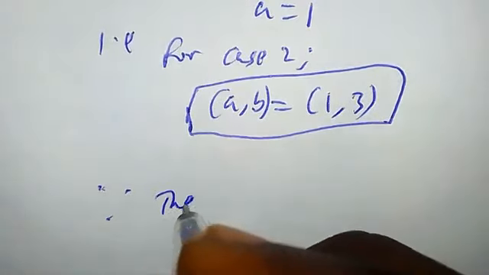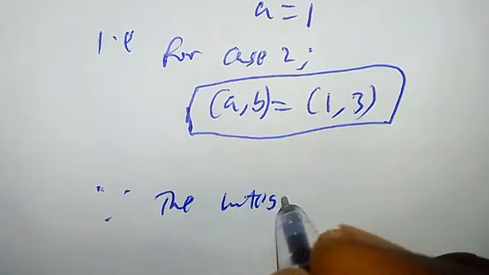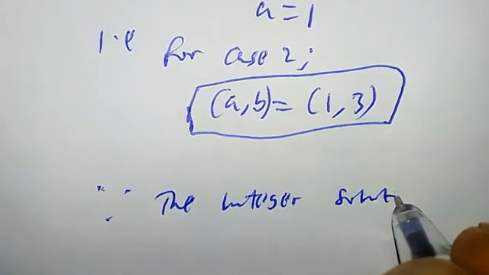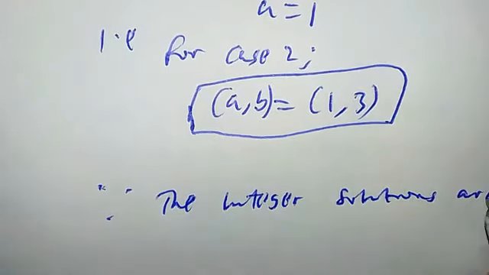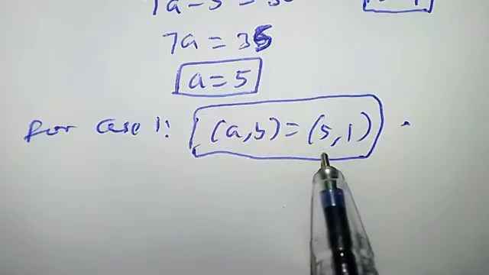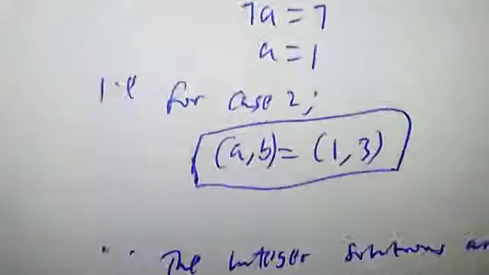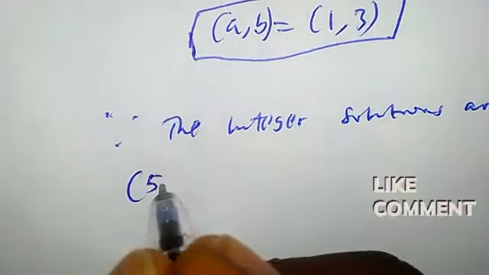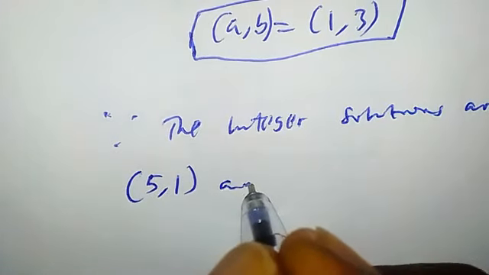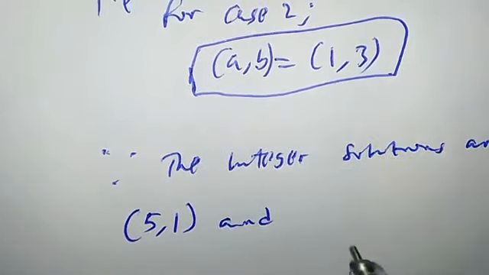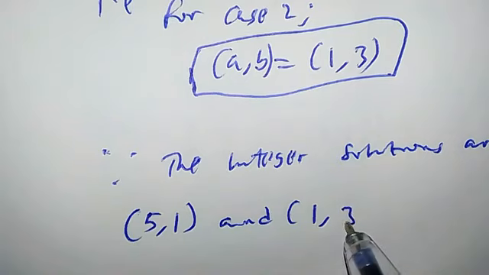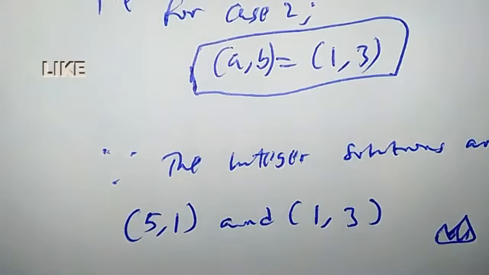Therefore, the integer solutions are, for case 1, 5, 1, and for case 2, 1, 3. So these are the possible integer solutions that we have.